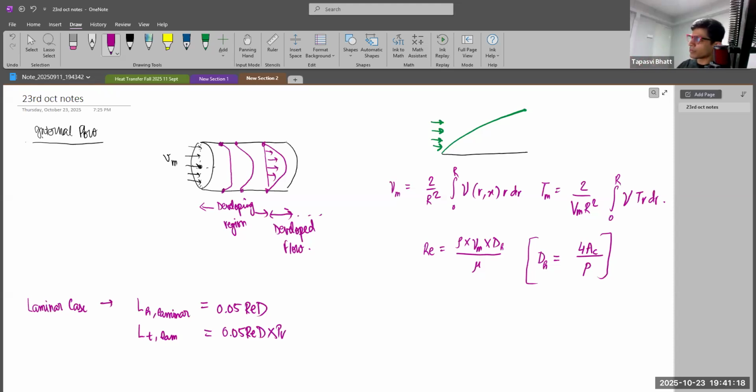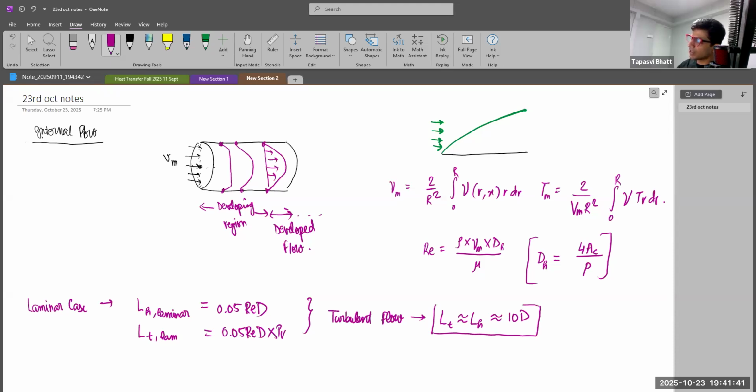Now, what if the flow becomes turbulent? In the case we have a turbulent flow, the thermal entry length will be almost equal to the hydraulic entry length, which will be almost 10 times the diameter.